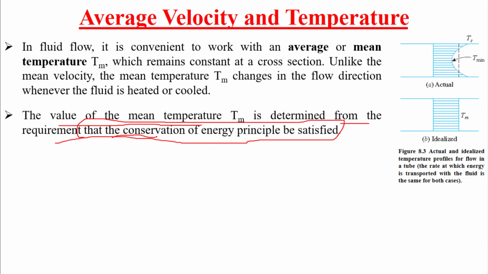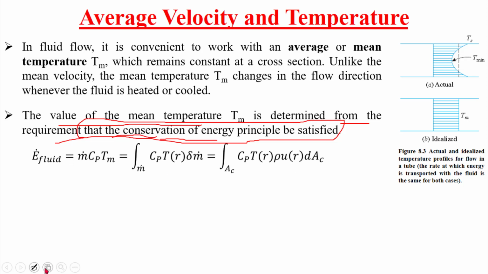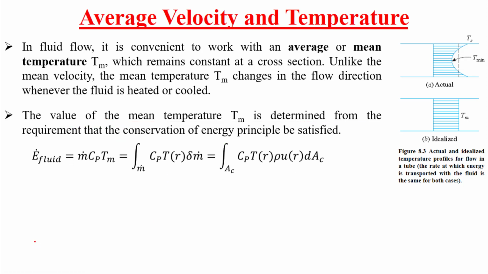Now for determining T mean, we'll benefit from the conservation of energy equation, the third equation in fluid mechanics, if you remember, for those who took this course. So E dot fluid, the energy for a fluid, is equal to m dot c_p T mean.